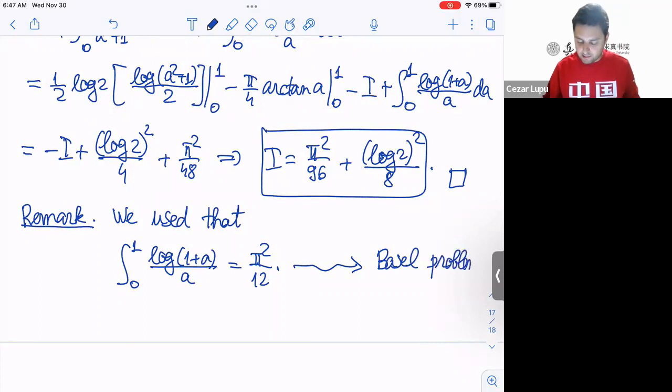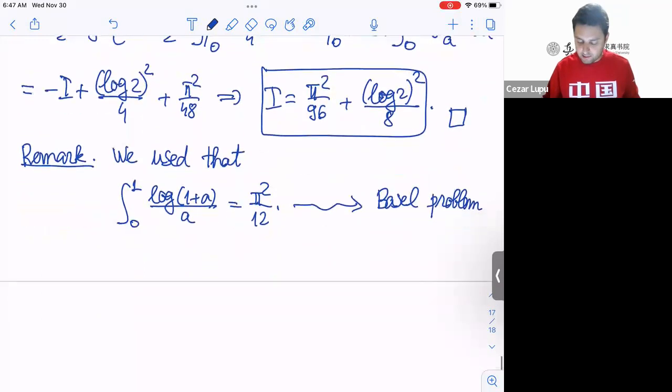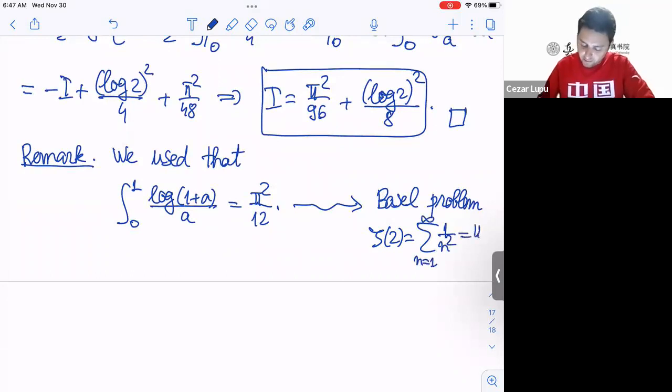Anyway, I discussed this in one of my lectures. The Basel problem says that zeta of 2, the sum of 1 over n squared, is pi squared over 6. So this goes back to Euler back in the 1700s.